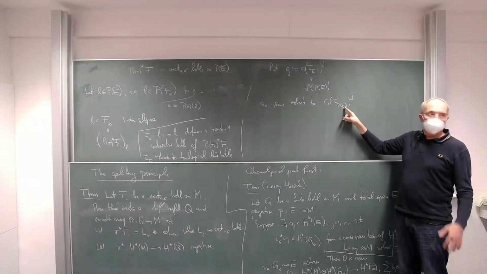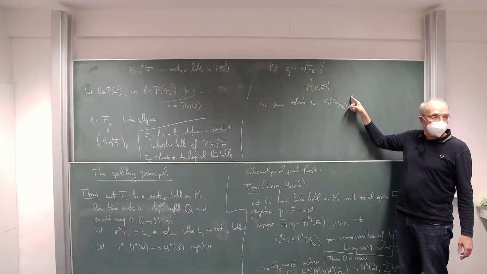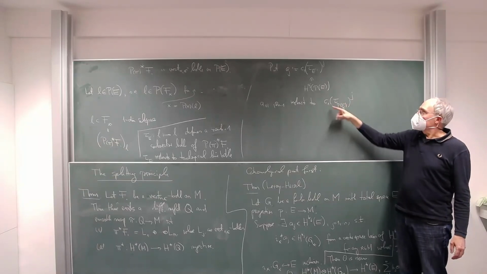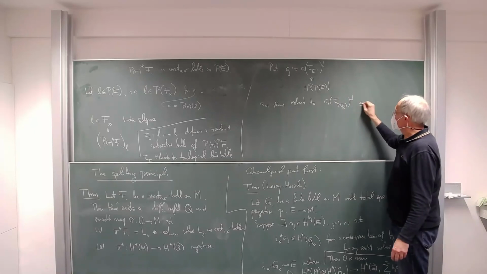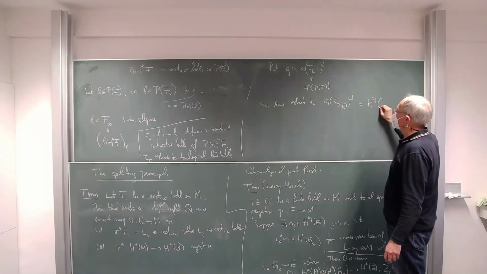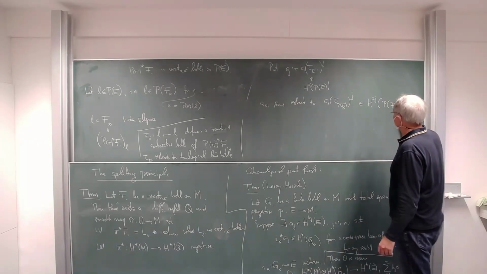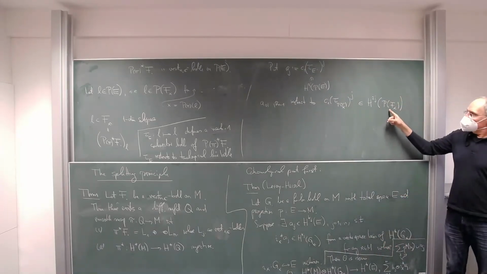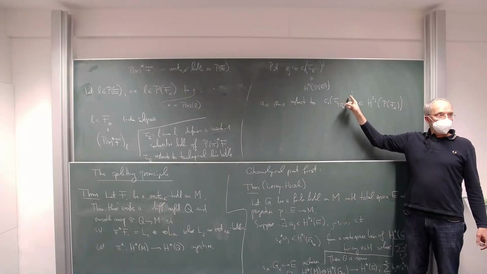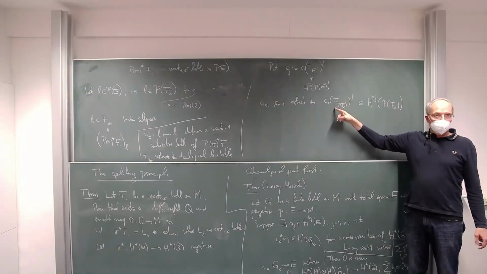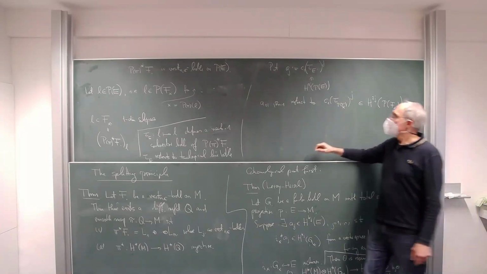And restriction or pullback in general also commutes with taking this cup product. So I get this in the cohomology of this projective space. And for projective space, we know that the Chern classes and its powers form the basis of the cohomology. Right?